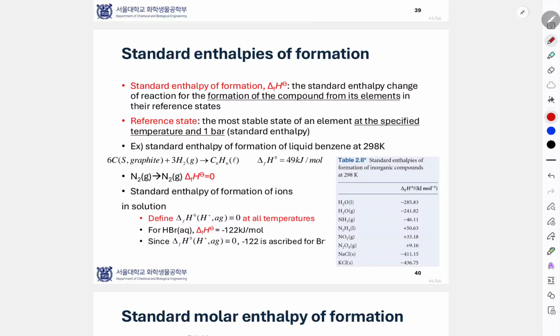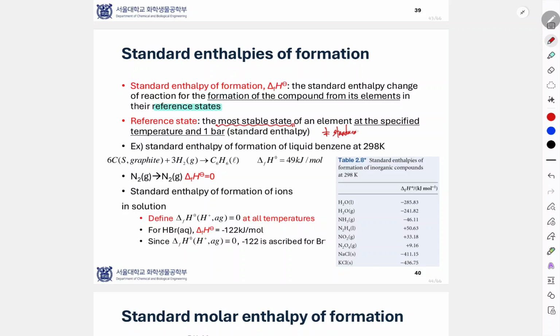The reference state is the most stable state of the element at the specified temperature and 1 bar, which is a little different from standard states. For example, for carbon, graphite and diamond can both be in the standard state, but the most stable state is graphite. So the reference state of carbon is graphite.